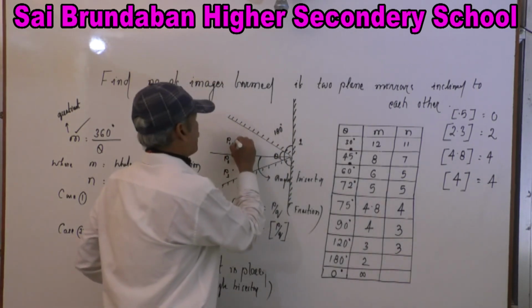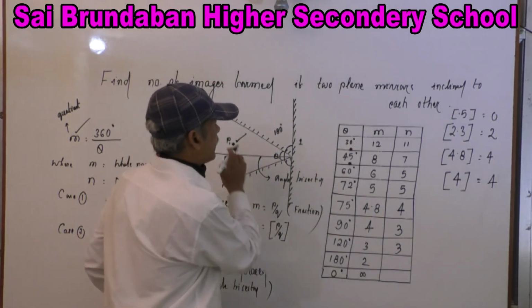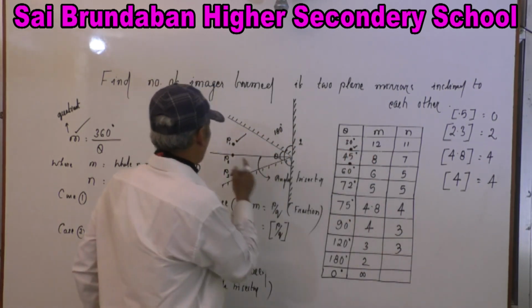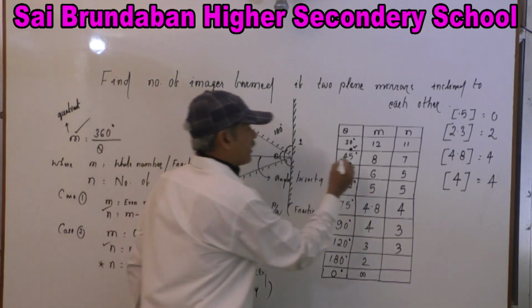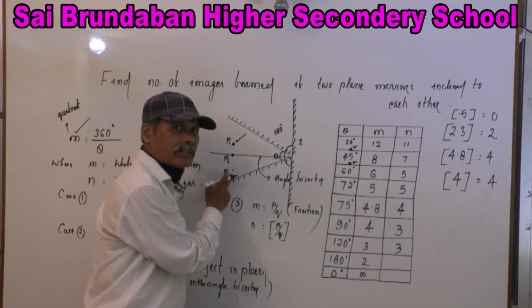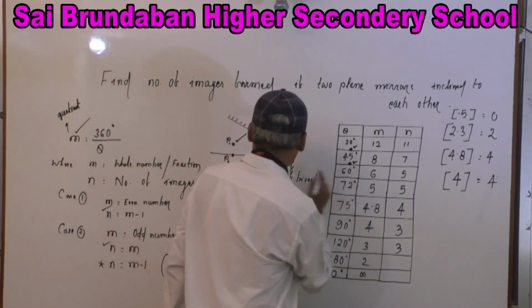If you take P1 as a point object, then its image will be this. Only one image will be formed. If it is P2, then only one image will be formed. If you take a point object at P3, then only one image will be formed.